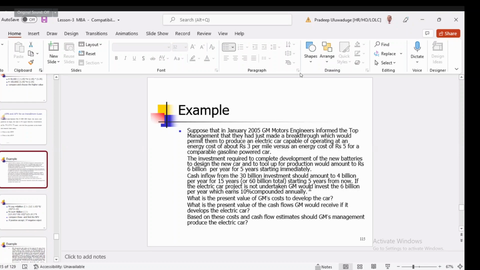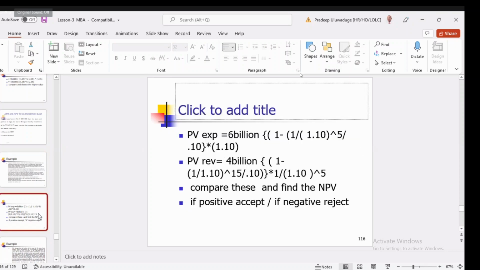So, starting 5 years from now, you can calculate the value at the end of the fifth year, for 4 billion for 15 years. So you discount it for another 5 years, you get the present value.